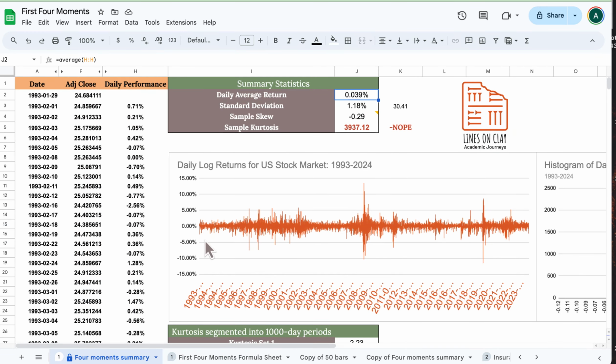We can go back to our S&P 500 data, daily performance, and we see that there are these spikes. As it turns out, the sudden down days more than offset the big up days. As it turns out in the stock market, it's when not that much is going on that investors make all of their money.